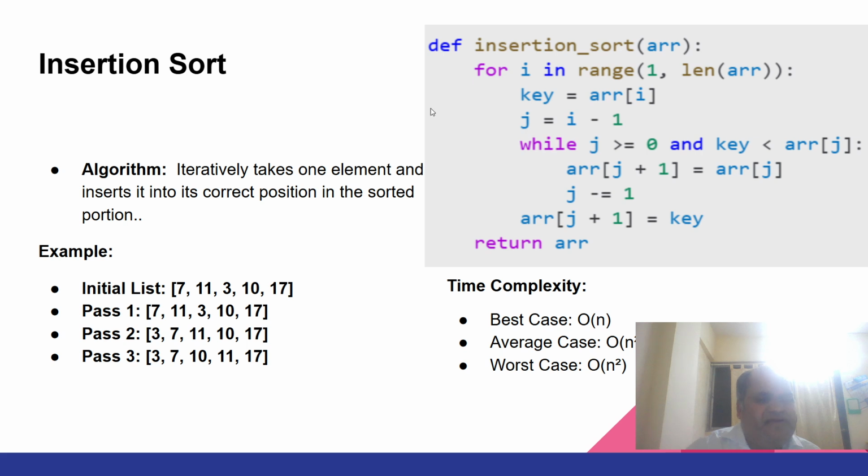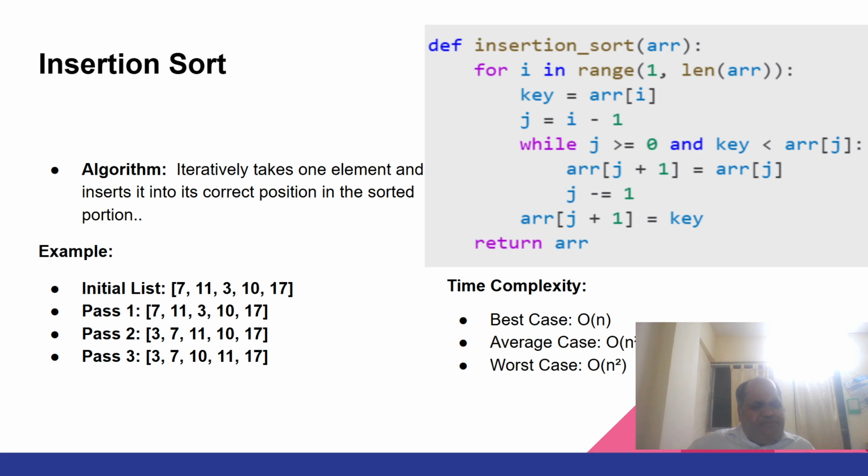So from 11 onwards, you assume it is unordered and assume that 7 is in order, right? Now what will happen here, if 11 is greater than 7, it will just stop here and assume that these are in order, right?